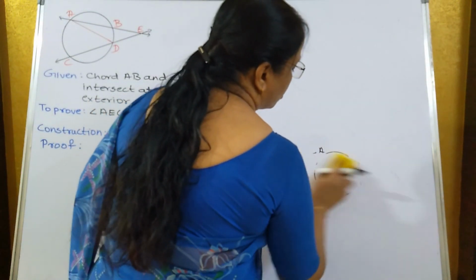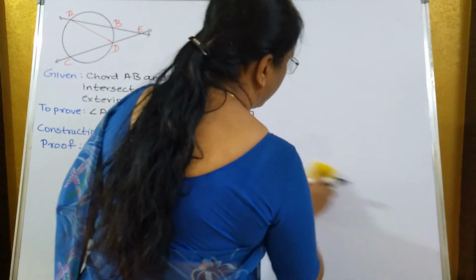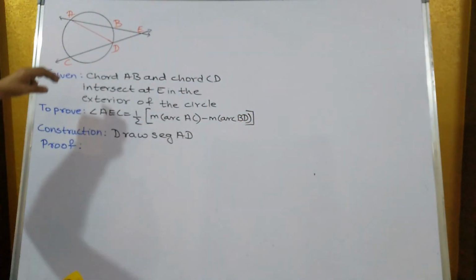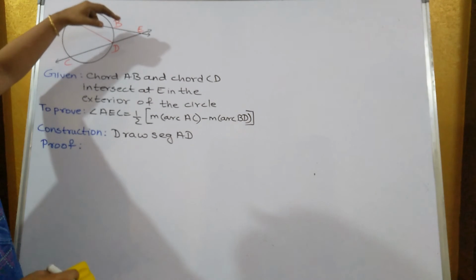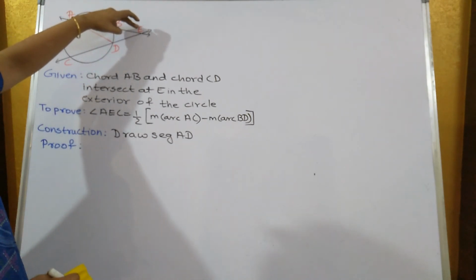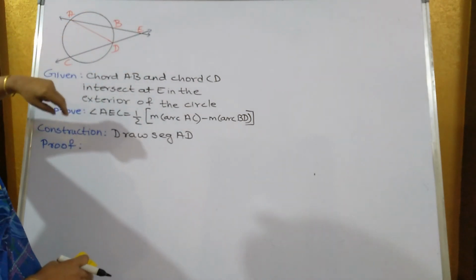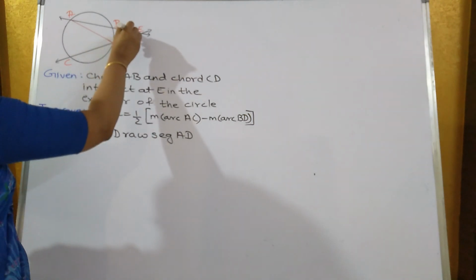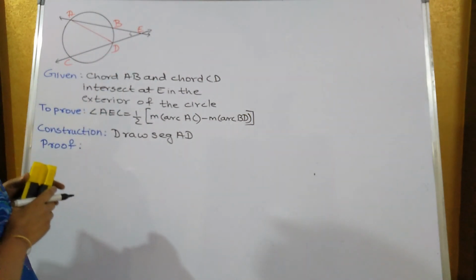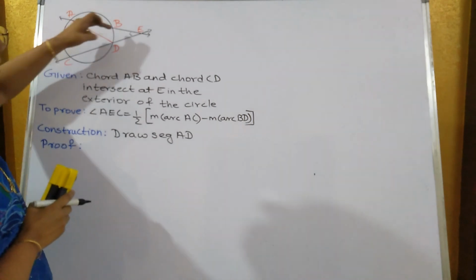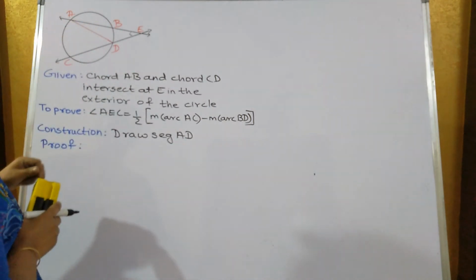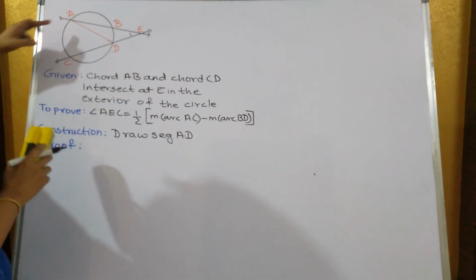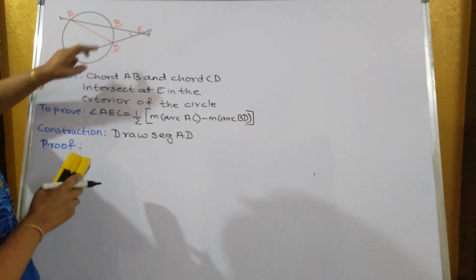So that is what we have to prove over here. Now here chord AB and chord CD intersect at the point E in the exterior of the circle. We have to prove that angle AEC is equal to half of measure arc AC minus half of measure arc BD. So, construction: draw the red one which I have shown, draw segment AD. Now prove.